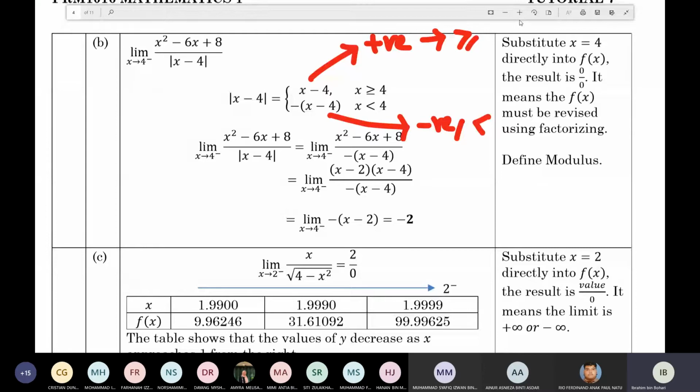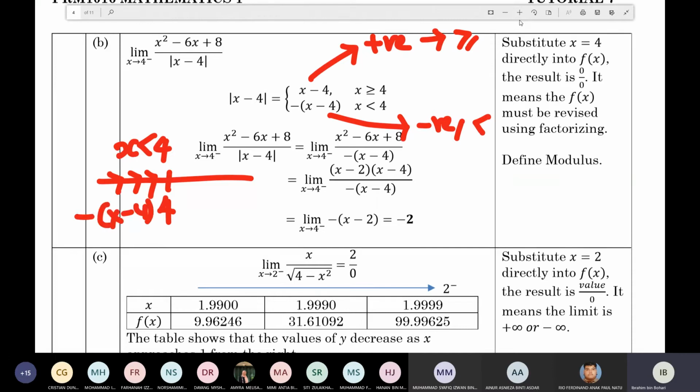Then limit here, x approaches 4 from the left of the function. So you draw the number line here, and x approaches from the left of the function, x less than 4, and function here negative, x minus 4.